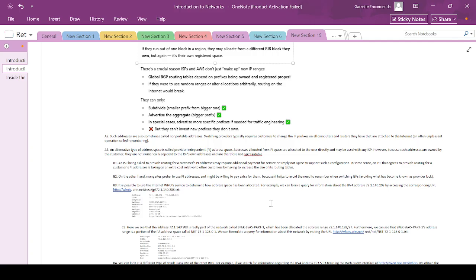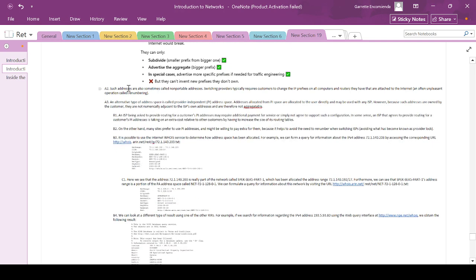In special cases, they advertise more specific prefixes if needed for traffic engineering. But they can't invent new prefixes they don't own because it's not provided to them by IANA. So such addresses are also sometimes called non-portable addresses.